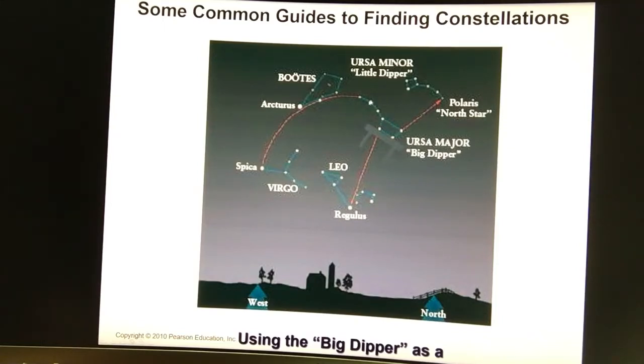Once you identify this constellation in the sky, if you look at these two stars in this particular constellation and connect them, it's going to point towards Polaris, which is called the North Star.